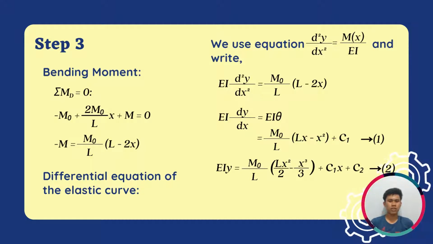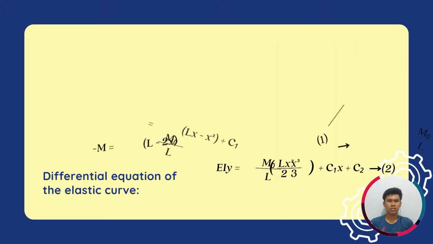After integration, we then arrive at EI dy over dx equal to M0 over L multiplied by Lx minus x squared plus C sub 1, which is our first equation. And EIy is equal to M0 over L times Lx squared over 2 minus x cubed over 3 plus C sub 1 x plus C sub 2 is our second equation.